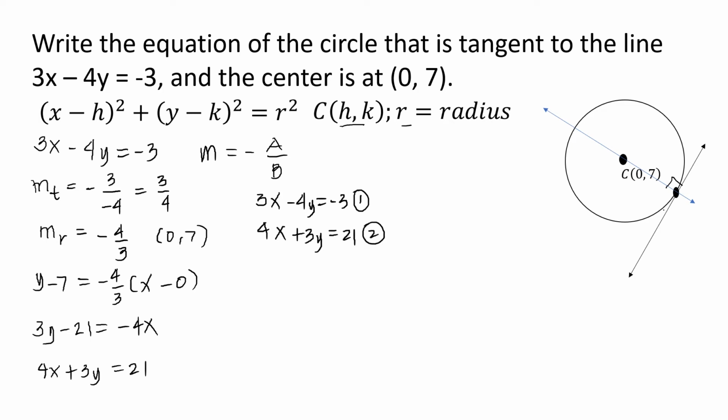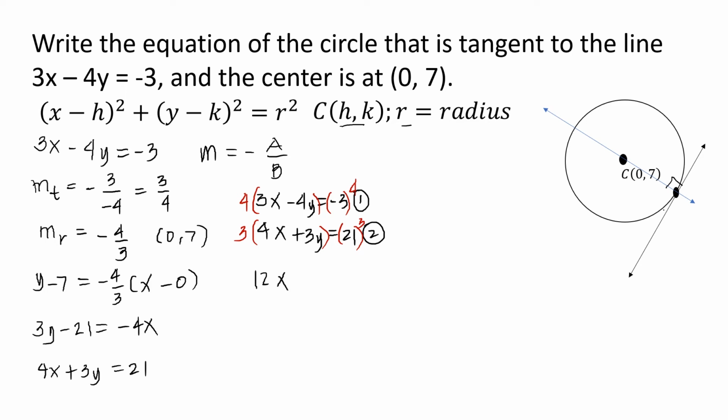Our solution will be elimination by addition or subtraction. To do that, we need to multiply all terms of equation 1 by 4 and all terms of equation 2 by 3, and then subtract the resulting equations to eliminate x.